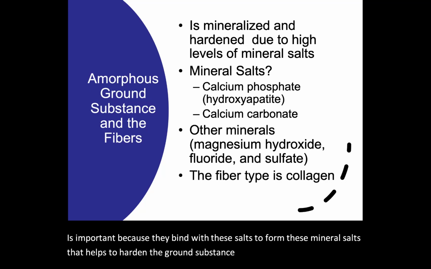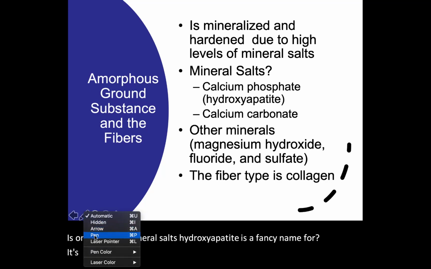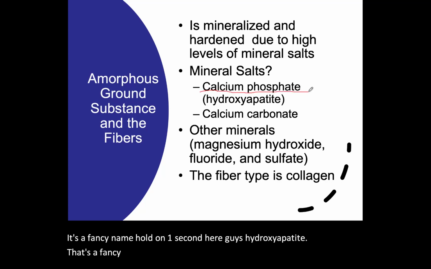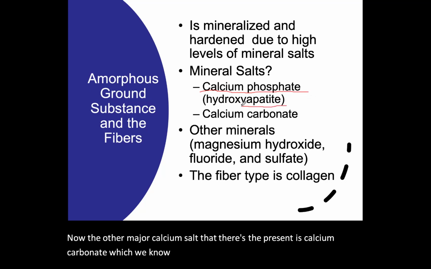Hydroxyapatite is one of those mineral salts. Hydroxyapatite is a fancy name for calcium phosphate. Now, the other major calcium salt that is present is calcium carbonate, which we know plays a major role in helping to maintain and regulate pH.